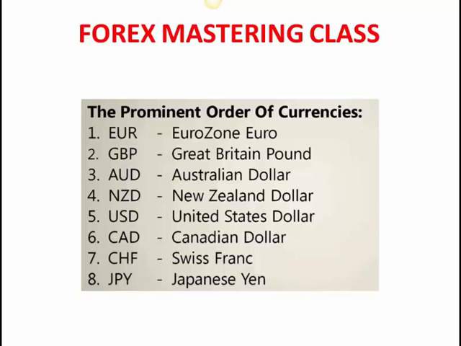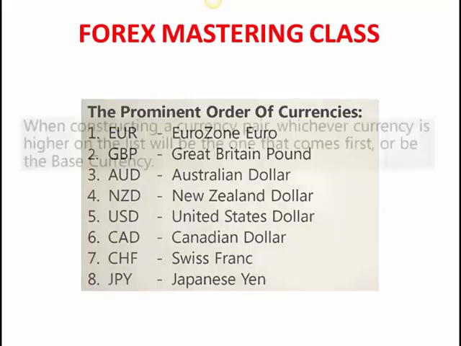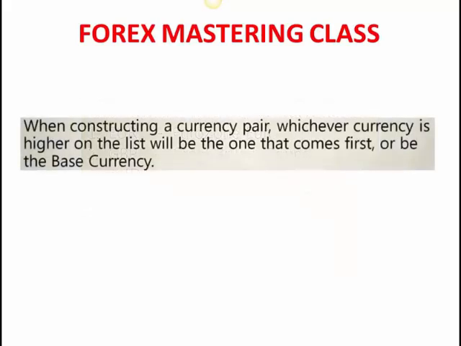It's always the base currency because it's higher in the hierarchy, and this is how they go down: from Euro to Great Britain pounds, to Australian dollar, to New Zealand dollar, to United States dollar, to Canadian dollar, to Swiss franc and Japanese yen. This is how they move. Whenever you see any of these currencies, the one at the top is always the base currency. Let's look at some examples.